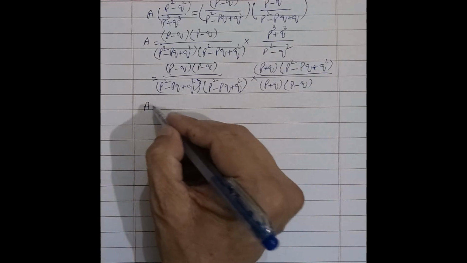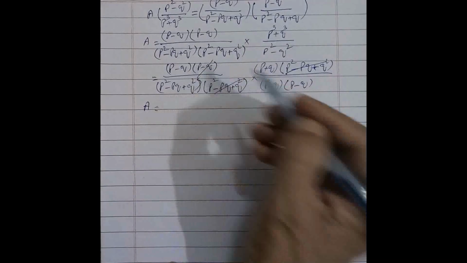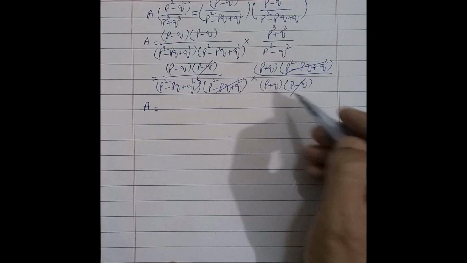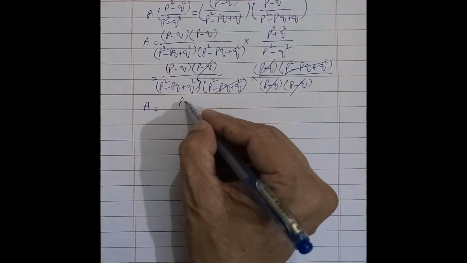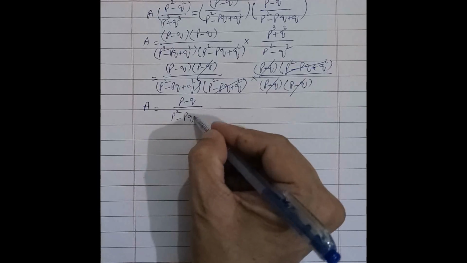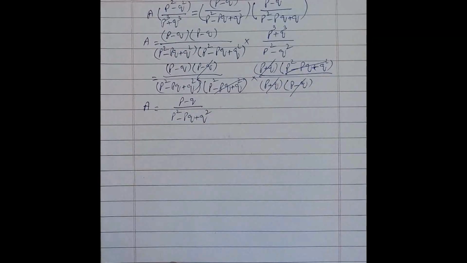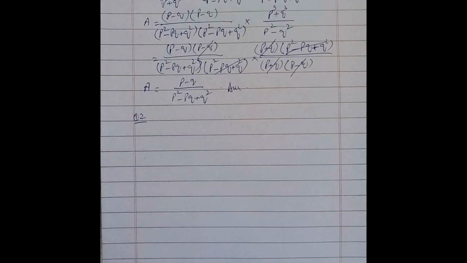Now simplify these values. (p − q) cancels with (p − q), (p + q) cancels with (p + q), and the remaining value of a is equal to (p − q) over (p² − pq + q²), and it is the answer of the sixth part of question 1. And question 2, the fourth proportion.